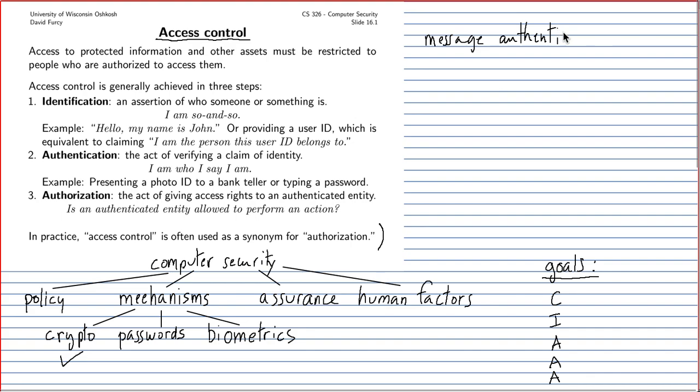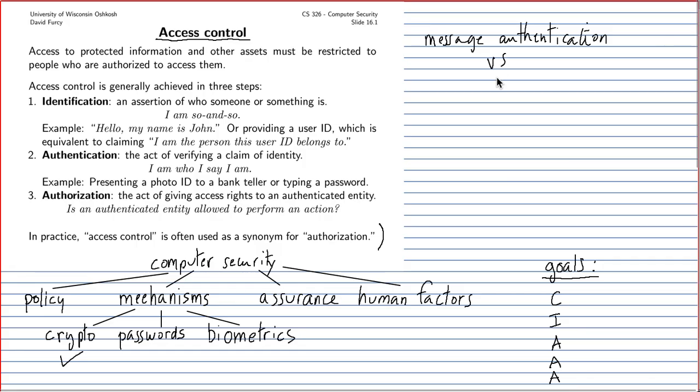Remember, in that context, message authentication meant two things. One, make sure that the integrity of the message was preserved, and two, ensuring that the sender of the message or the owner of a file was who they say they are. We called that authentication so far, or maybe message authentication.